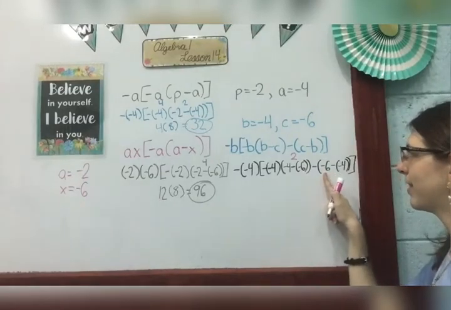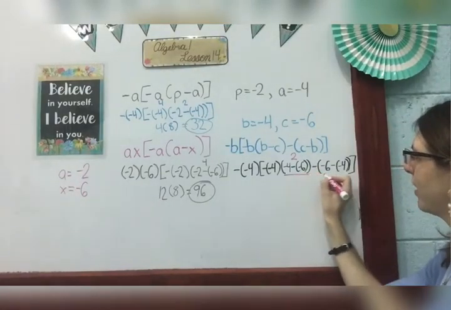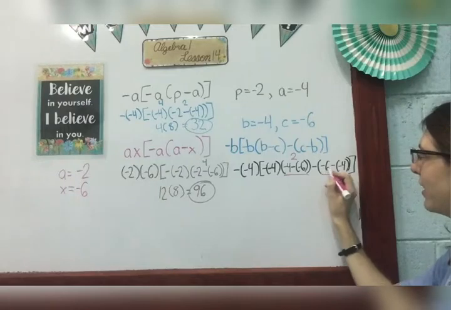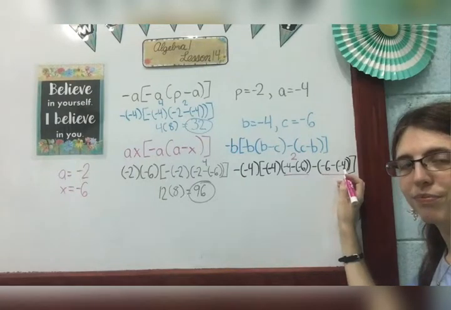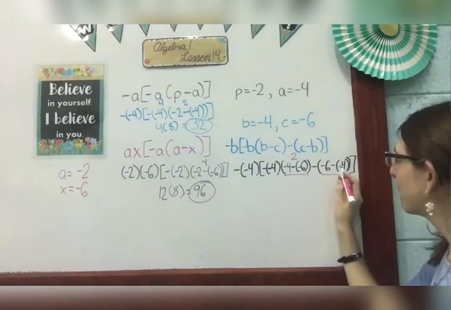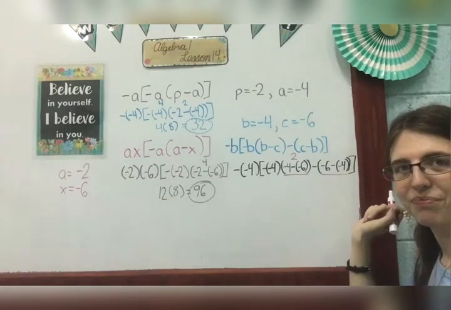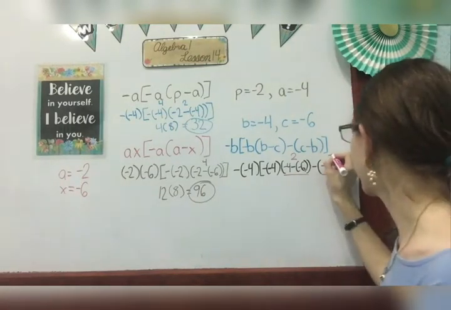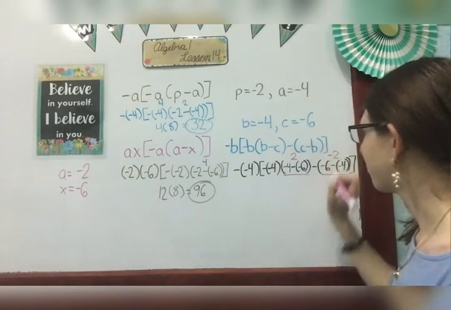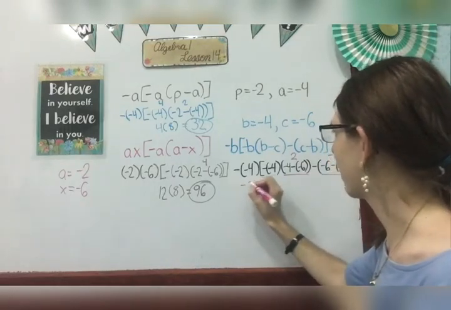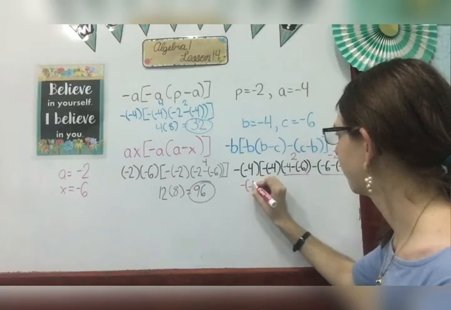Now let's go to this parentheses. So I just did this one. Now I want to do this one. -6 minus a -4. So that's -6 plus 4. -2. Very good.